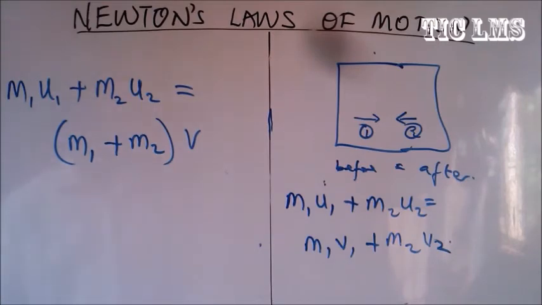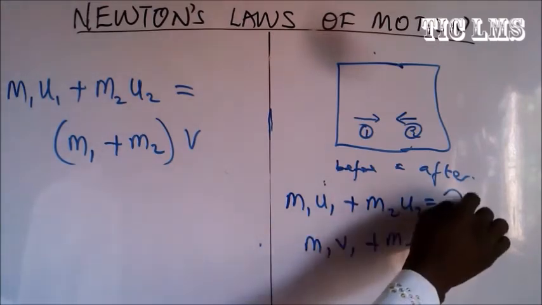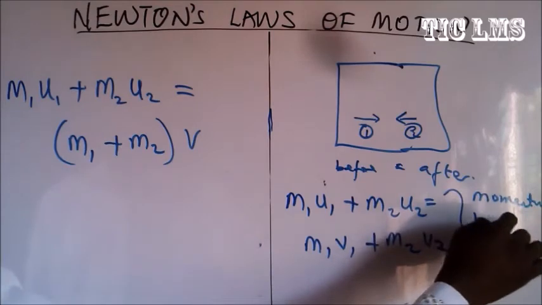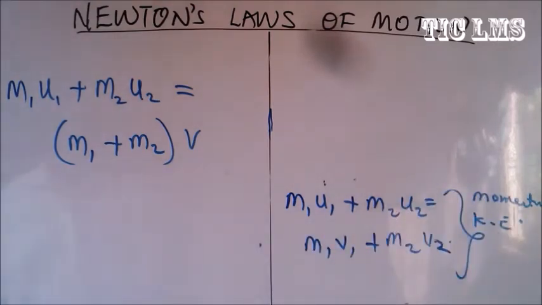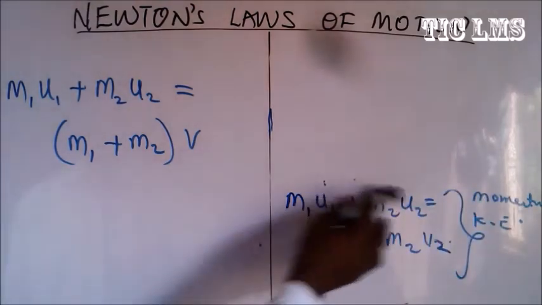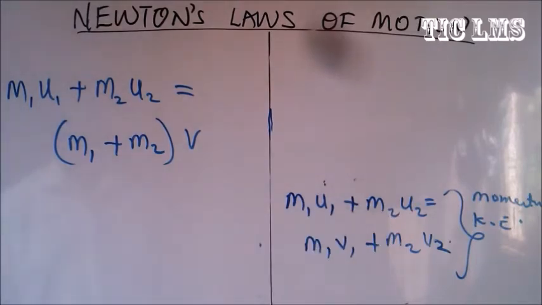Now in an elastic collision, momentum and kinetic energy are constants. Now when we say they are constants, here is what the equation for momentum will look like.